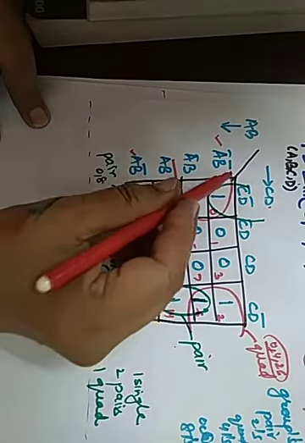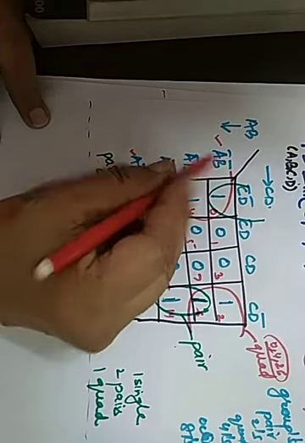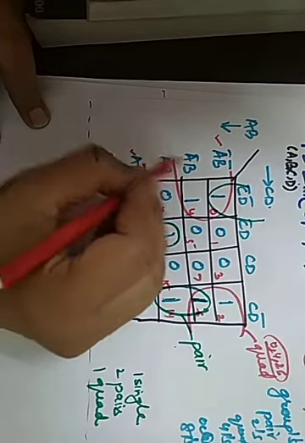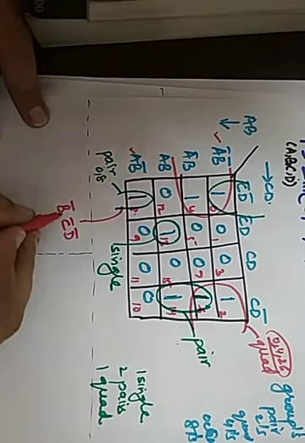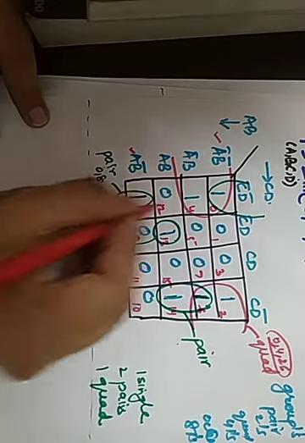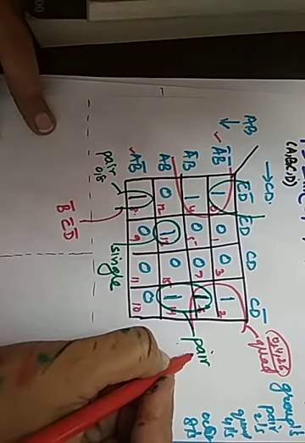Compare both: B bar is the same, A is changing. So A is eliminated and you're left with B bar. So B bar C bar D bar is the value for this pair. Did you notice one variable is eliminated? A is eliminated.